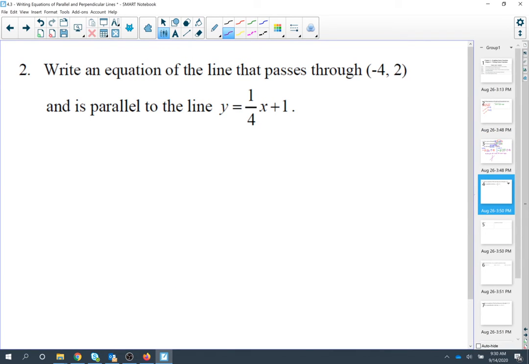Number 2, write an equation of the line that passes through -4, 2 and is parallel to the line y equals 1/4 x plus 1. Now, I'm going to start here with the fact that I have to be parallel to this line. If I have to be parallel to this line, it means I have to have the same slope.